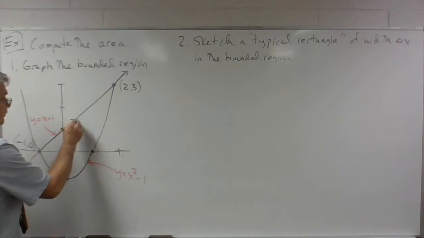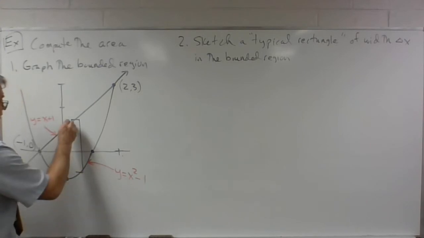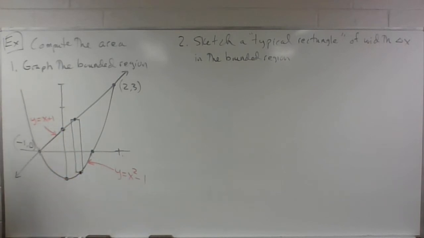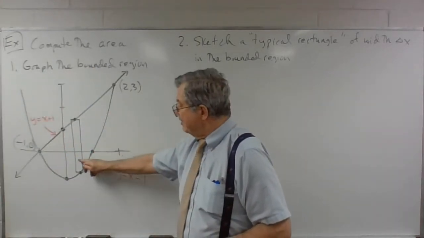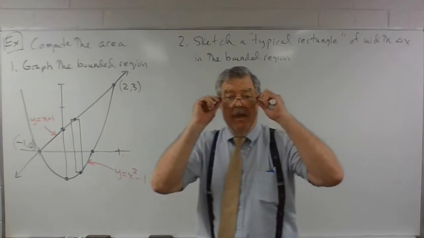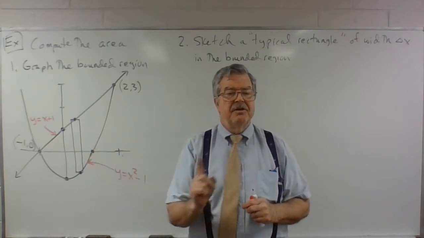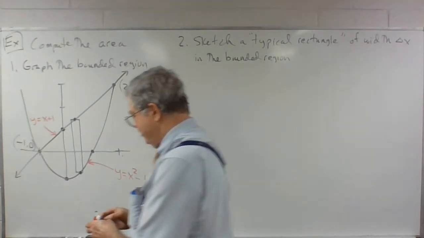Okay, here's a typical all-American looking rectangle. This is going to be my ith rectangle, where I can go from i equal 1 to i equal n. This will be my ith rectangle.